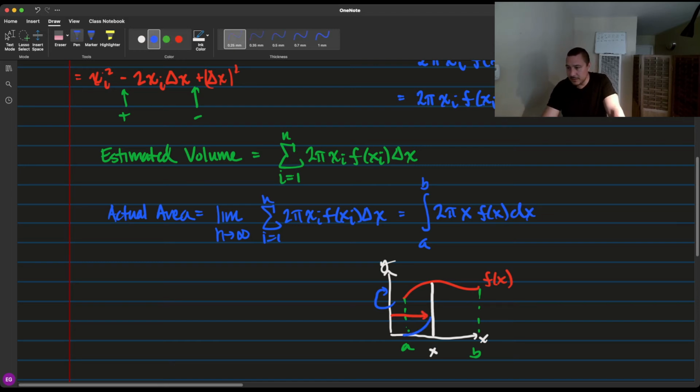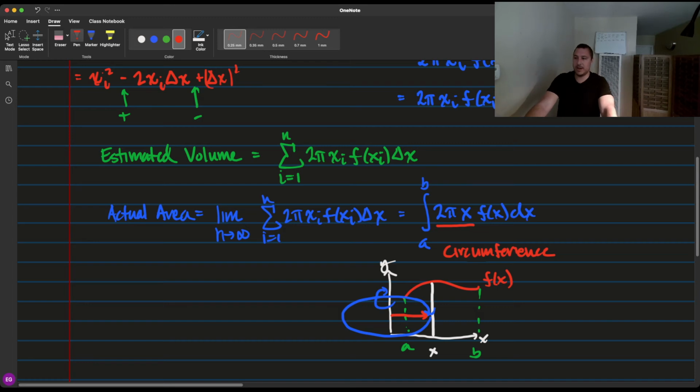And then as you rotate this around, 2 pi x is the circumference as you rotate around the y-axis. You might remember that the circumference of a circle is 2 pi r, right? So your x is the radius from the y-axis, that's what you're revolving around. The f of x is the height. So it makes sense, your circumference times the height basically gives you an area, and as you integrate that area, you get the volume.